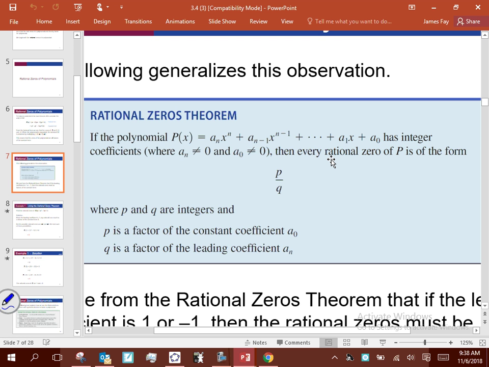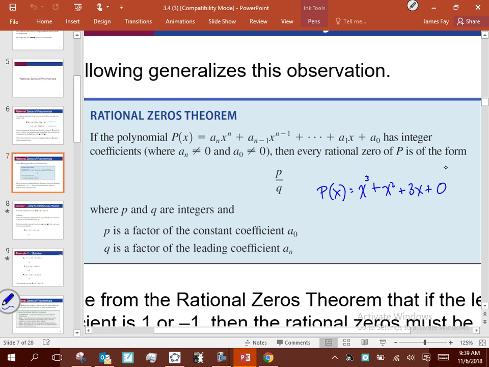And then people say, well, what happens if you don't have one? Because I know there are polynomials like p of x equals x cubed plus x squared plus 3x. So you're telling me that the rational zeros theorem would not work for that? What I'm telling you is that you cannot apply the rational root theorem if your a sub 0 is 0.